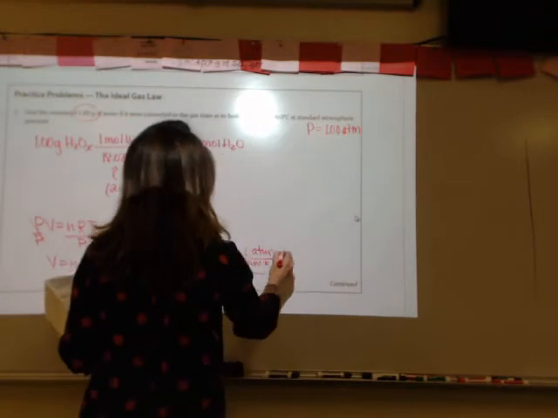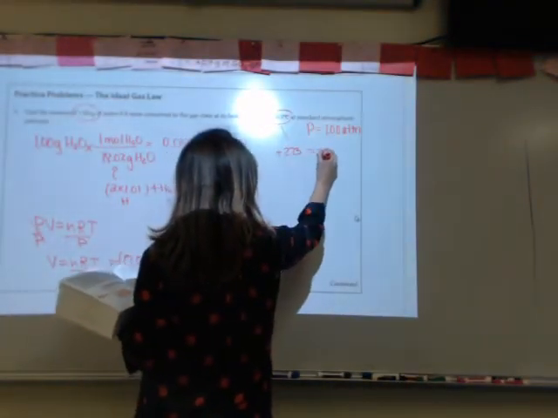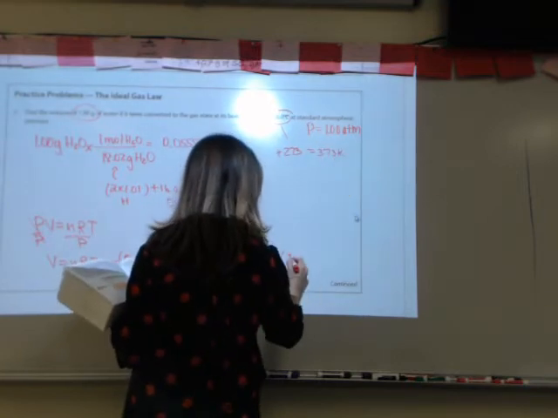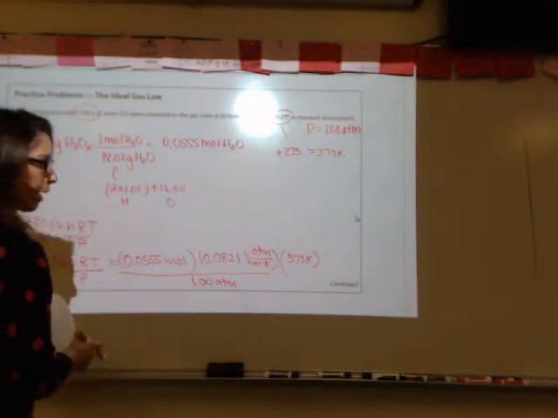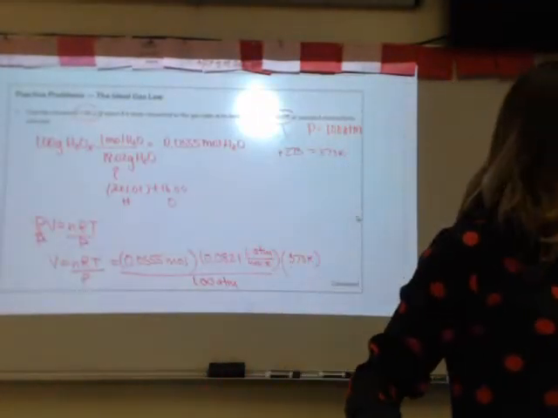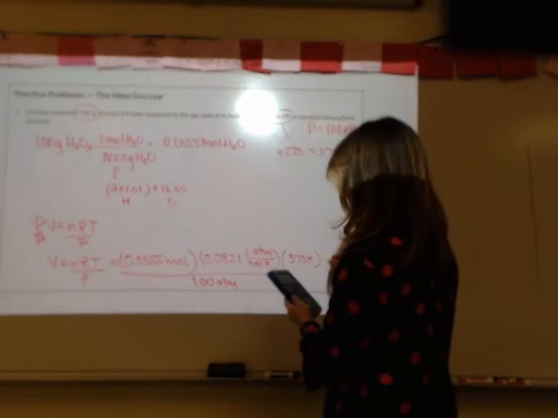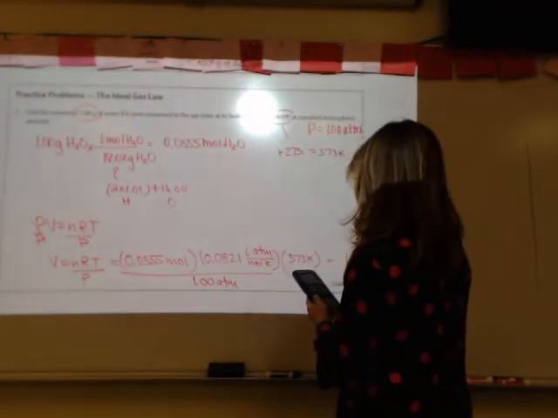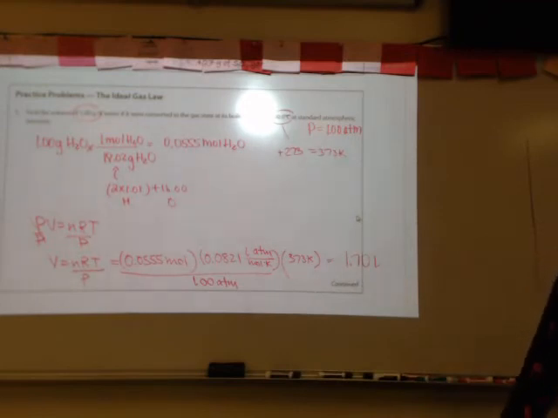And then I need to convert this 100 degrees Celsius to Kelvin, which is 373, and multiply and divide. You're going to end up with 1.70 liters.